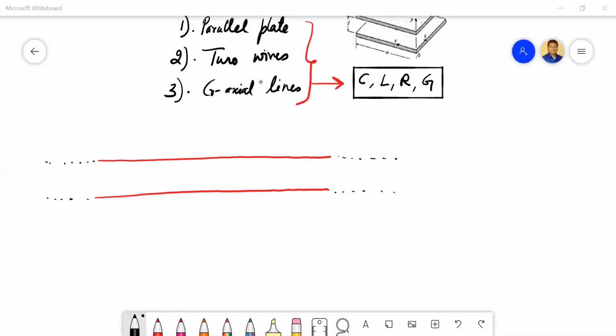Now, as we know, throughout the line of the transmission line, the material parameters and other things will remain the same.